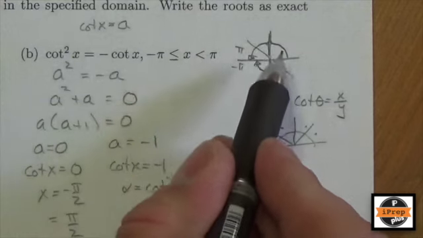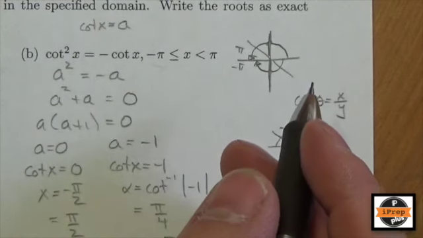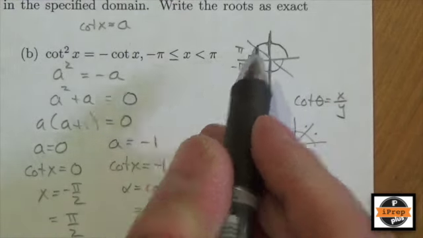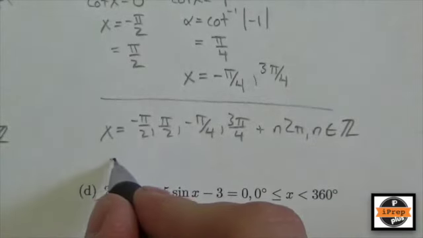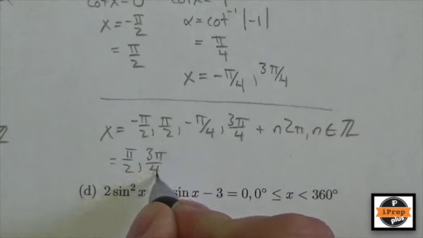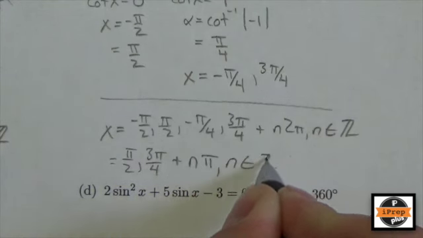So for example, I might take the positive rotation here, because normally I want to be using the principal angle or the positive angle. And so my angles here would be pi over 2 and 3 pi over 4. But this time I would add n pi, where n is an element of the integers.